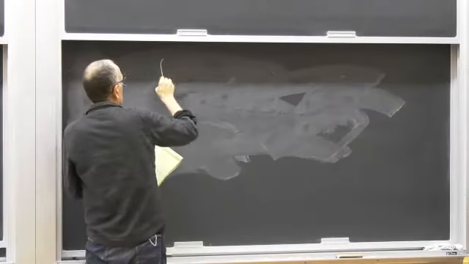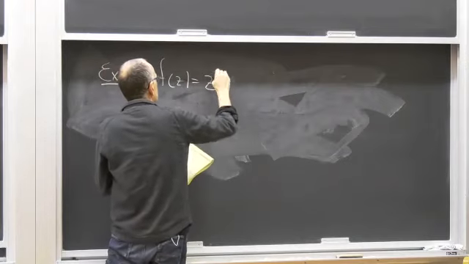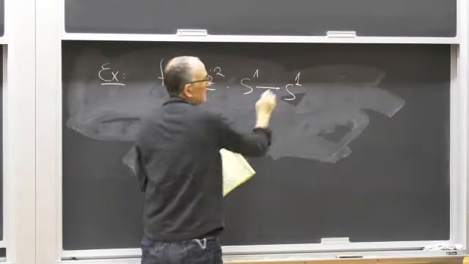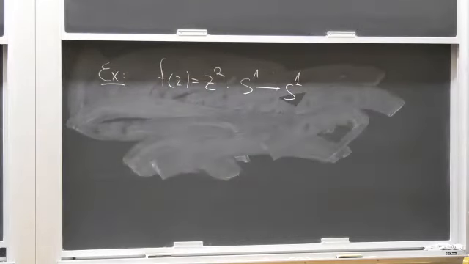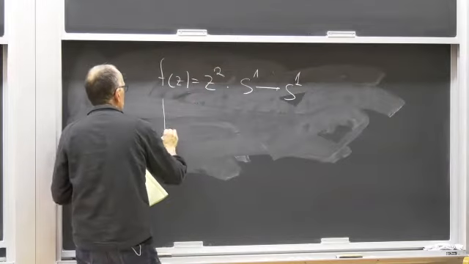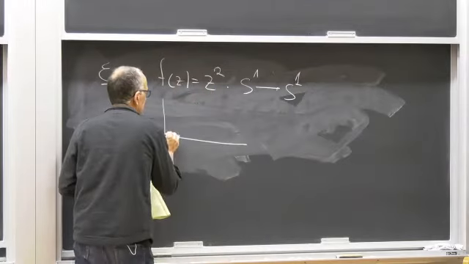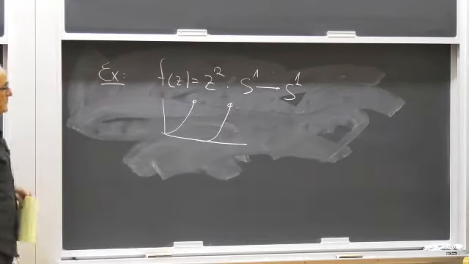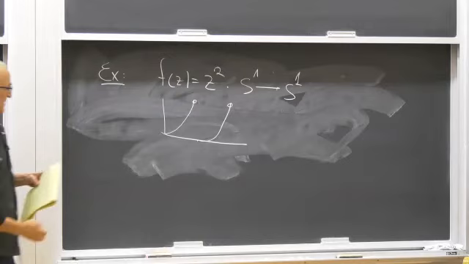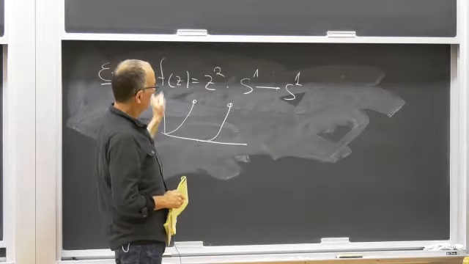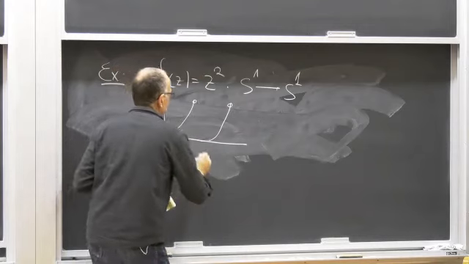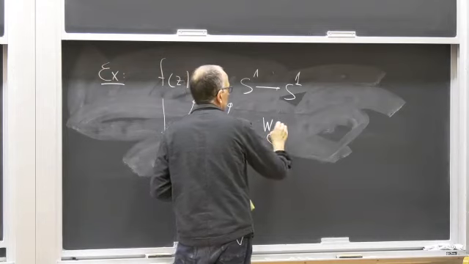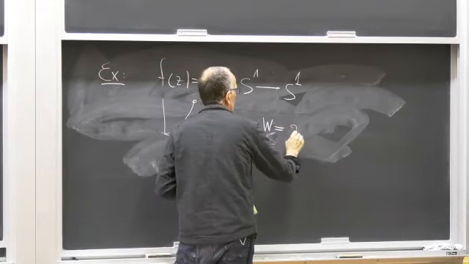Examples: if the function f of z is z squared, and let's say from S1 to S1, so the curve C, the domain, is S1 itself, then when we do this unraveling, we will get this picture. We hit 1 twice. So we get it like this, and then this contributes 1, this contributes 1. So the winding number is equal to 2.